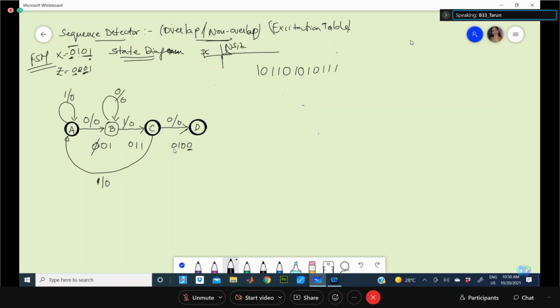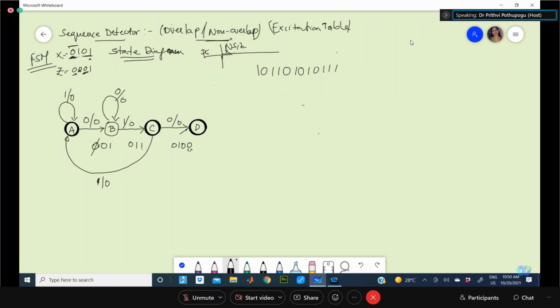To B. 0, 1, 0. Again, one more 0 you are getting, and this is not in the sequence. But what happens here, this last bit of the sequence found so far can be taken into consideration as the first bit, which happened to be 0, in the present sequence. First bit 0.